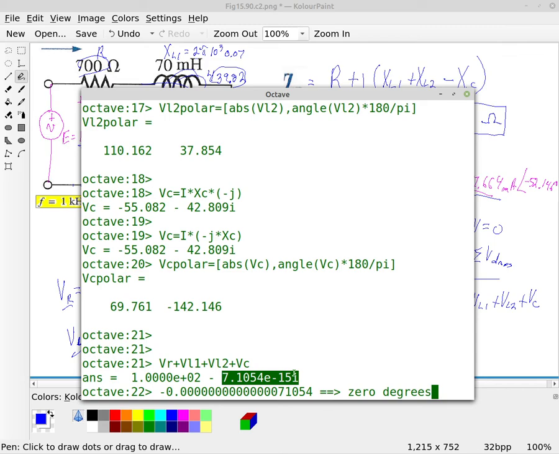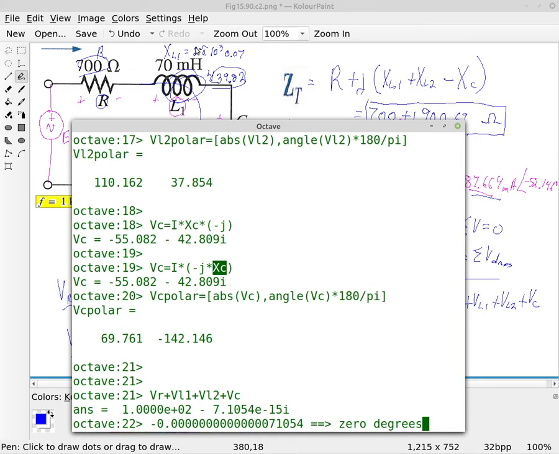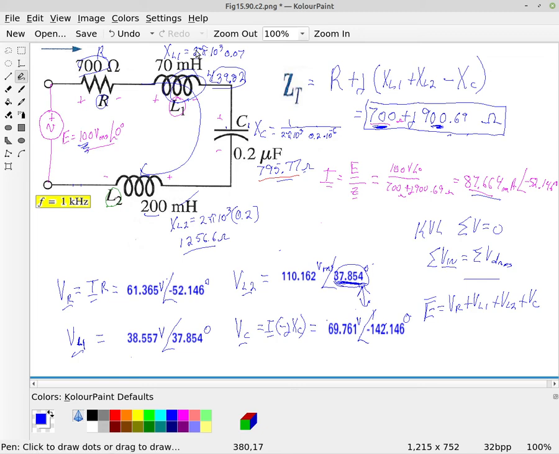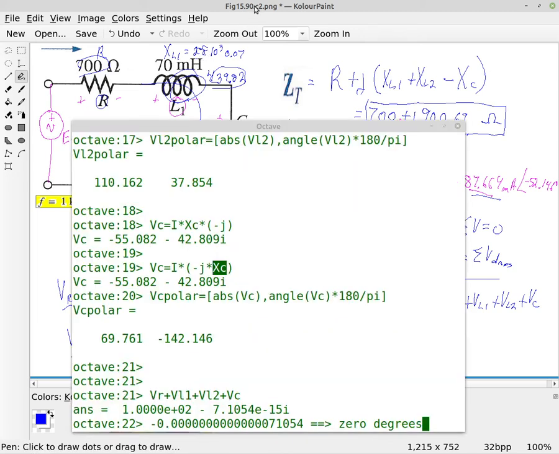When you calculated X of L and X of C, we used pi to calculate those. Here's the equation for X of L, 2 times pi. So these numbers are irrational because they've got pi in them, and you end up getting round off error when you do the calculations.